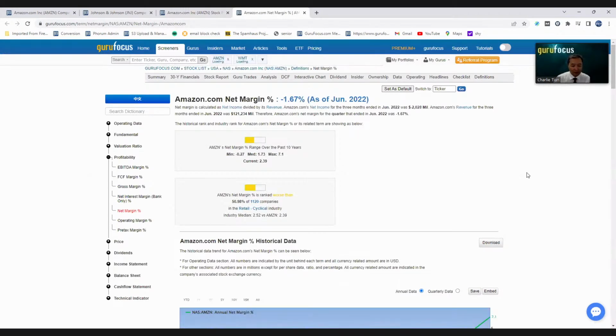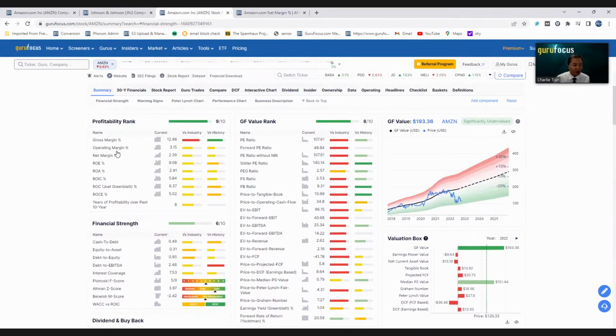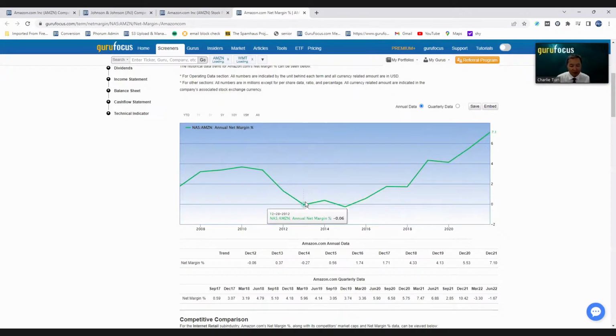And if we look at the historical Amazon profit margin, so I click on that and come to the historical profit margin of Amazon. For a long time, Amazon was actually losing money, and the margin was negative for many years. And even when it's positive, it's very low. Why? Because they don't want to pay tax.